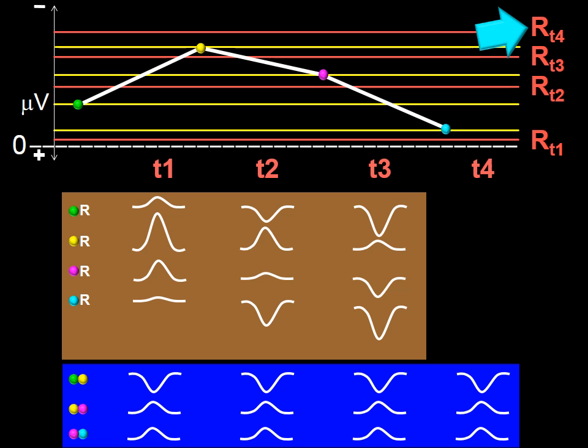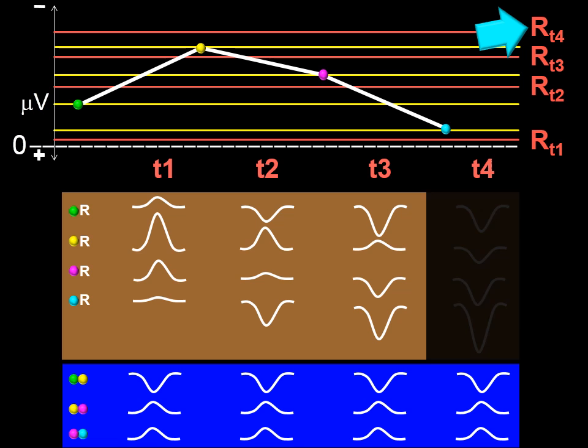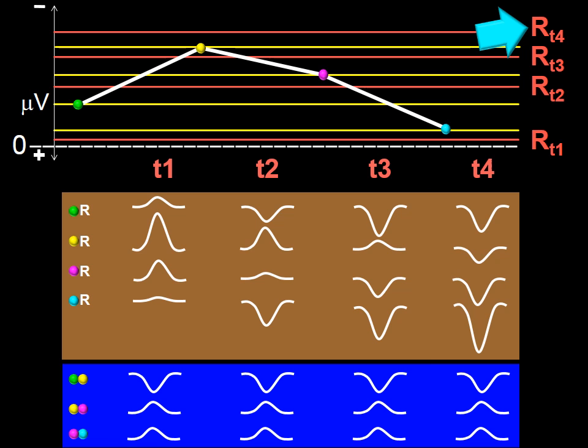Finally, were we to move the common reference electrode to an even more negative value, that is, more negative than any other of the non-reference electrodes, no phase reversal will occur since the common reference electrode is now the most negative of all the electrodes.